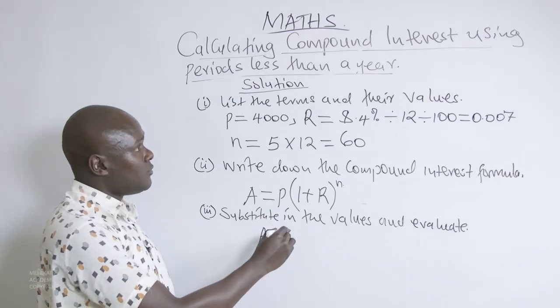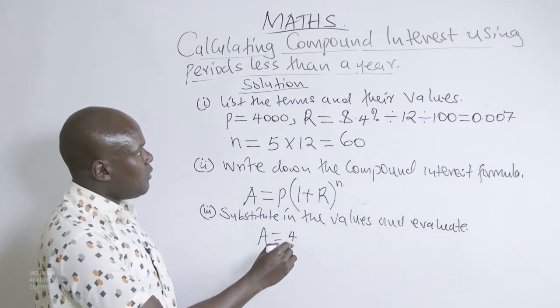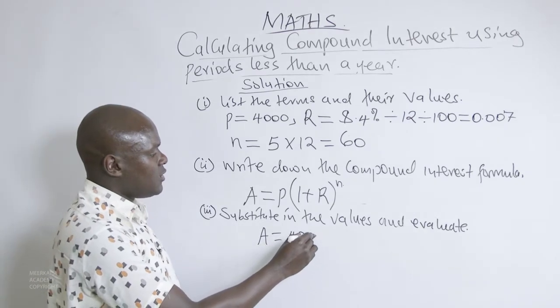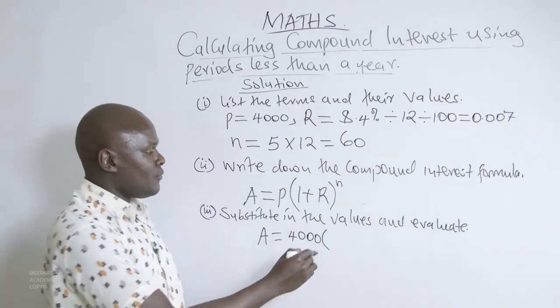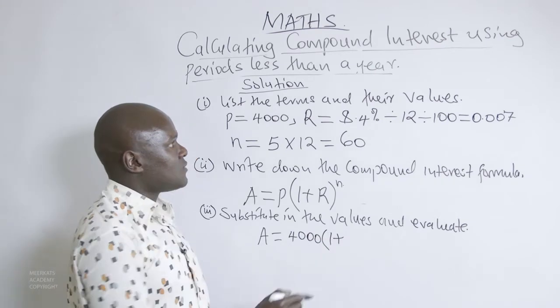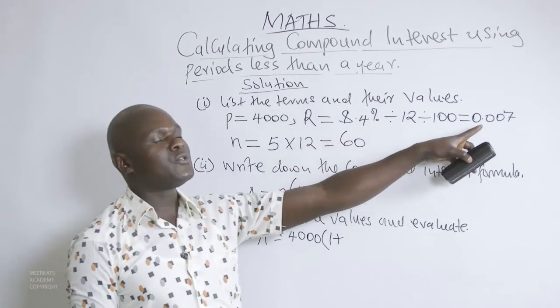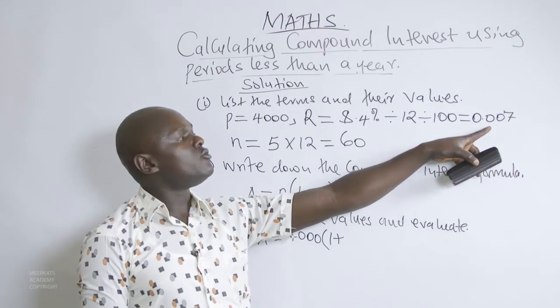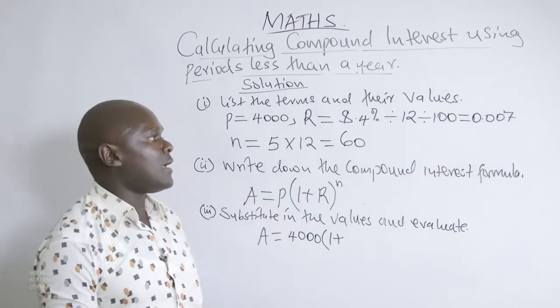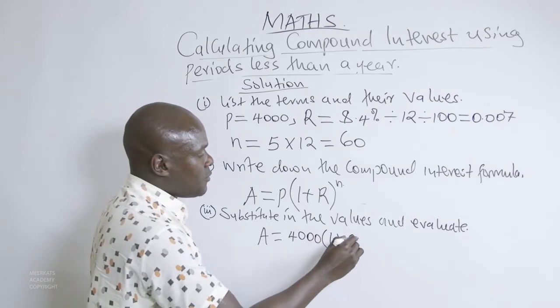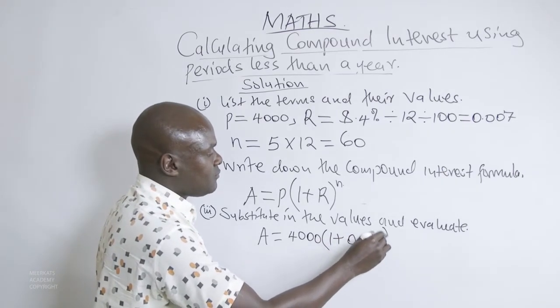We feed in the values that we have here so that our amount will be equal to our principal. Our principal is $4,000. Then we have 1 plus the rate. The rate, we are no longer going to use 8.4, but we use the adjusted rate because our period is less than a year. This will be 0.007.